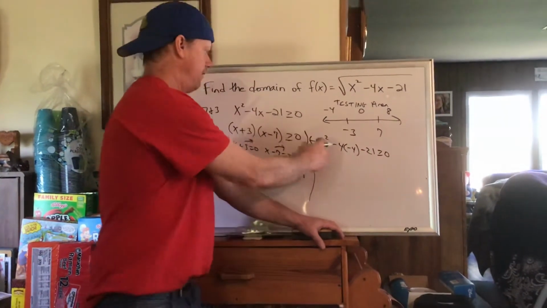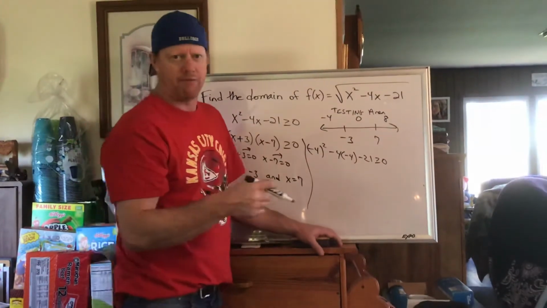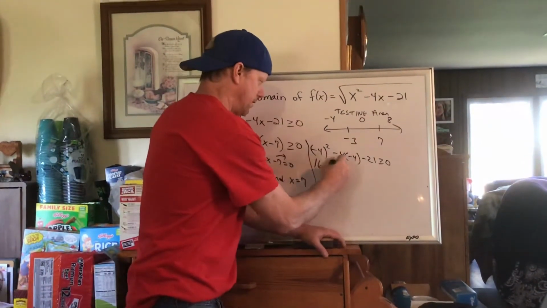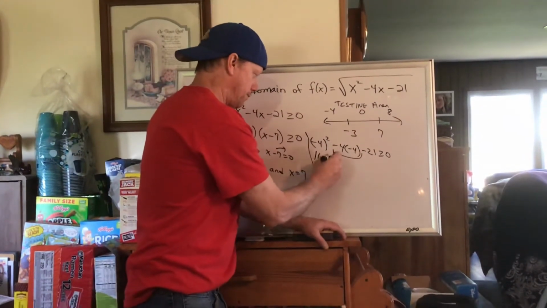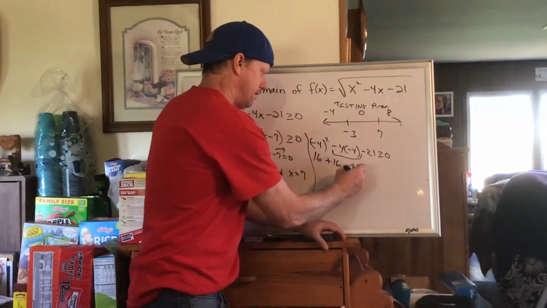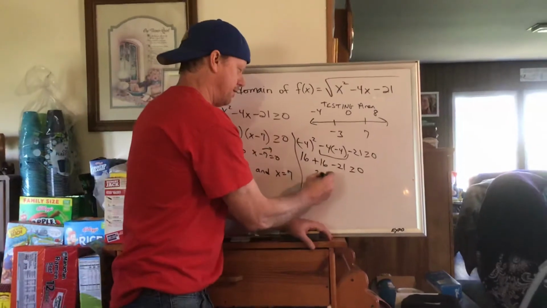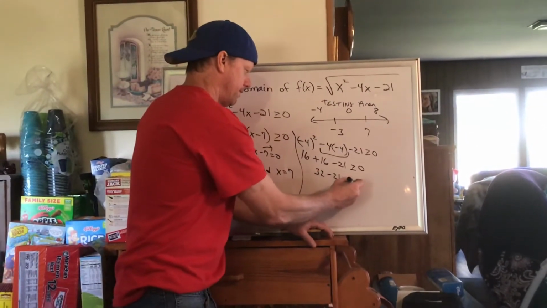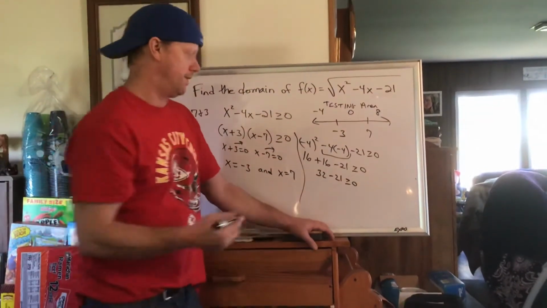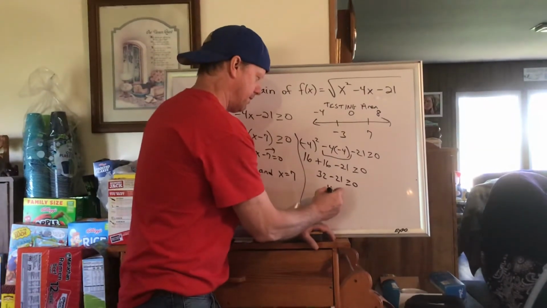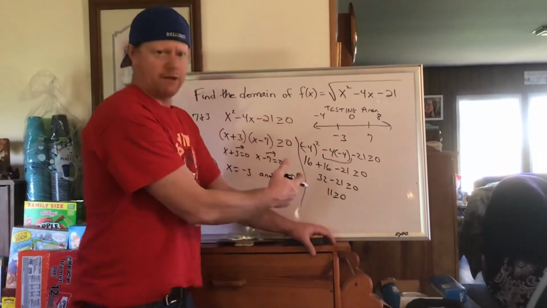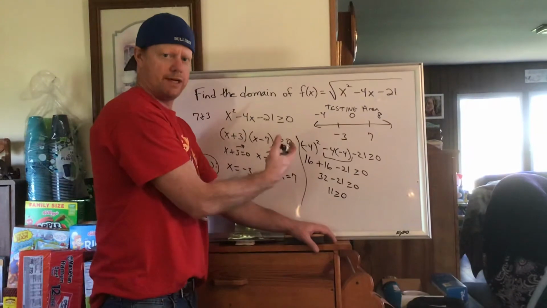So when I plug negative 4 in for x and do my math, negative 4 times negative 4 is positive 16. 16 and 16 is 32. 32 minus 21 is 11. Is 11 greater than or equal to 0? Yes, it is.